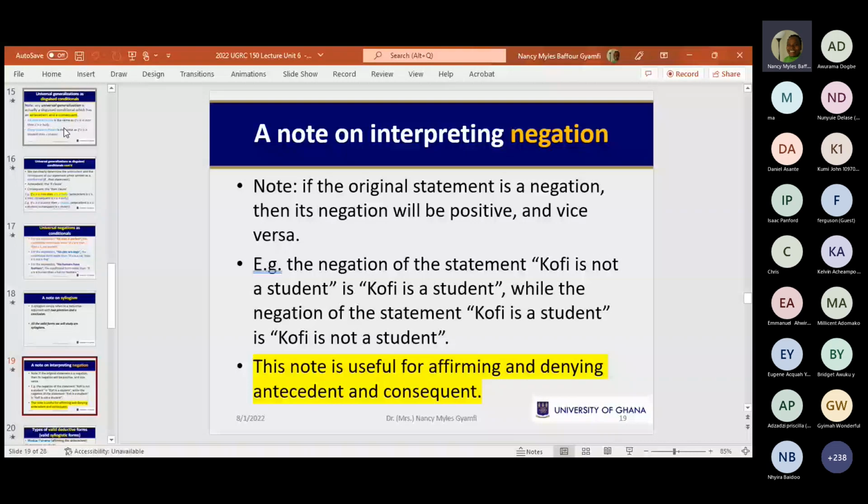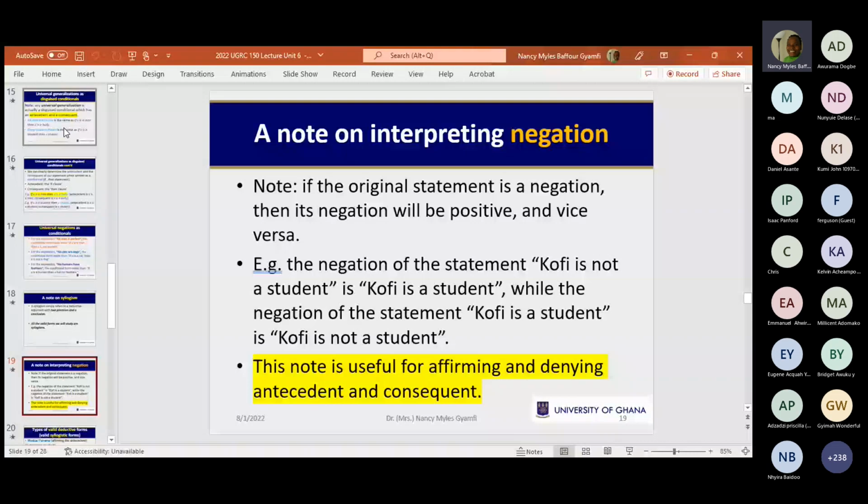Then I conclude, therefore, Kofi tells the truth. What's the hidden premise? The hidden premise would be what? Kofi is a friend. All friends tell the truth. Therefore, Kofi tells the truth. What have I hidden? I've hidden that Kofi is a friend. That is what led me to the conclusion. Therefore, Kofi tells the truth. What valid pattern is this? Modus ponens. By your practice, you know that.